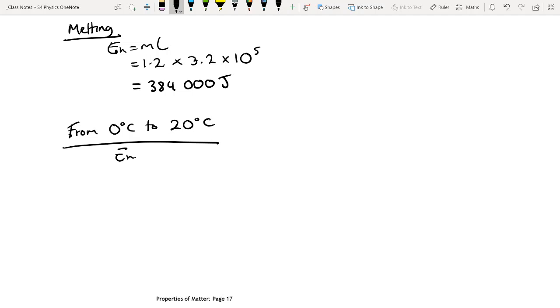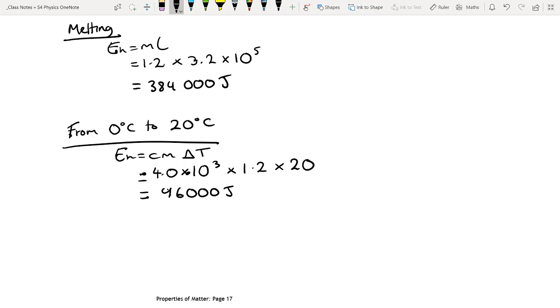So we're going back to EH equals Cm delta T. But we have to use the specific heat capacity of melted ice cream this time, so it's different. It's 4.0 times 10 to the 3, times by the mass, which is still 1.2, times by the change in temperature, which is 20. And that comes to 96,000 joules.